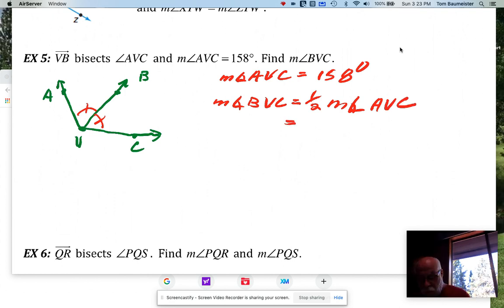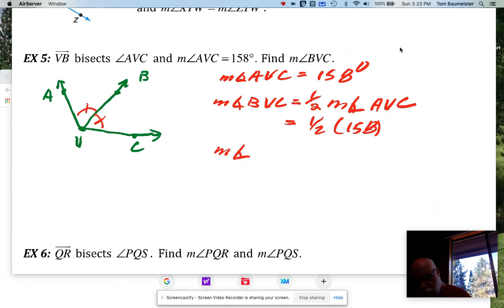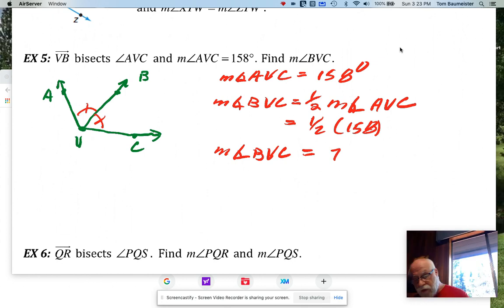So that would mean it's 1/2 of 158 degrees. So we know that the measure of angle BVC is 158 divided by 2, or 79 degrees. All right, so that's one. When they don't give you a picture, you can draw a picture, real simple.